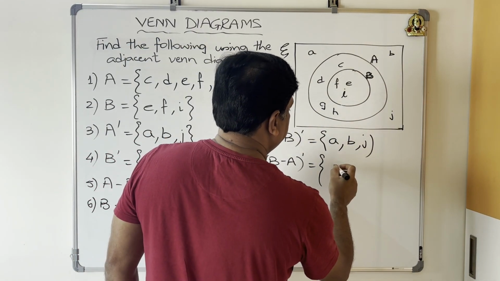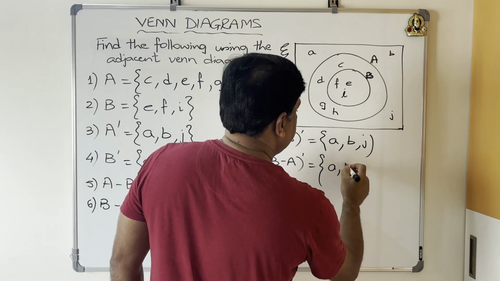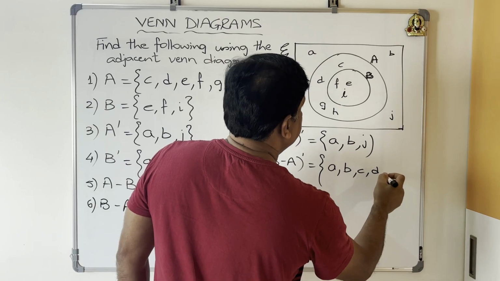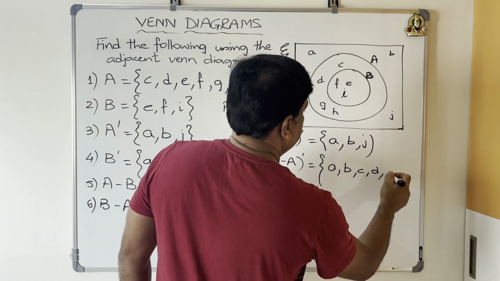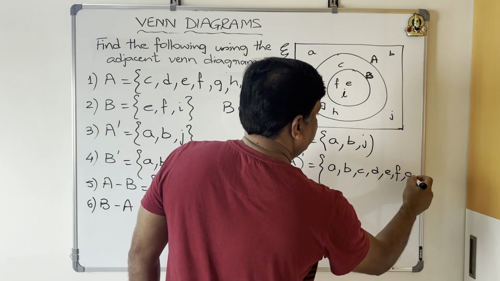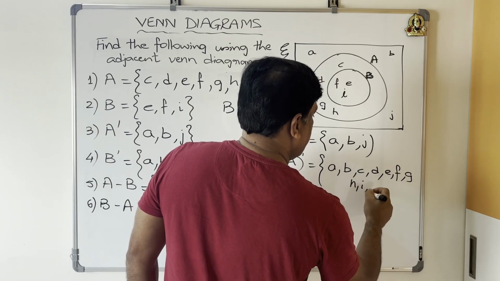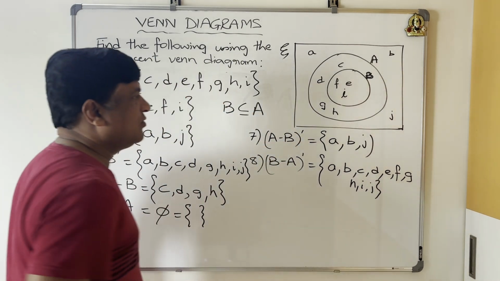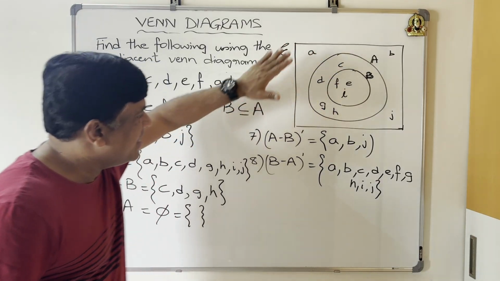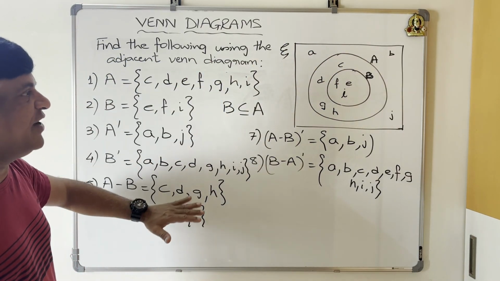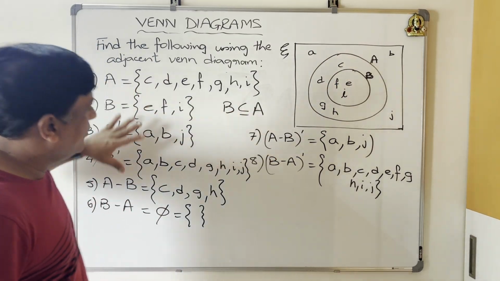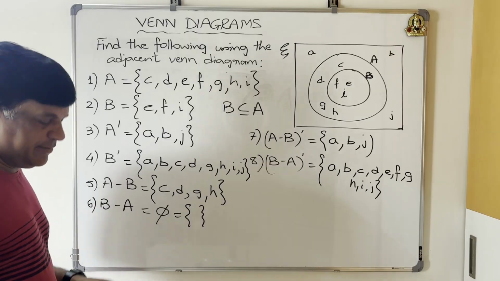So it will be A, B, C, D, E, F, G, H, I and J. Everything it includes. So make sense over here how to basically read a Venn diagram and answer the questions in this particular fashion. So the first step is to understand the Venn diagram properly, then only go into the question. Okay?